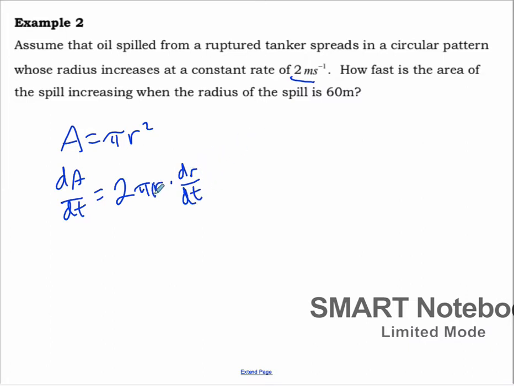Basically, set up an equation, then use the chain rule. Then to find the area rate, you substitute in. The units are both meters, so no problem there. dr/dt is 2, so that's 240 pi, and since it's area, square meters per second.